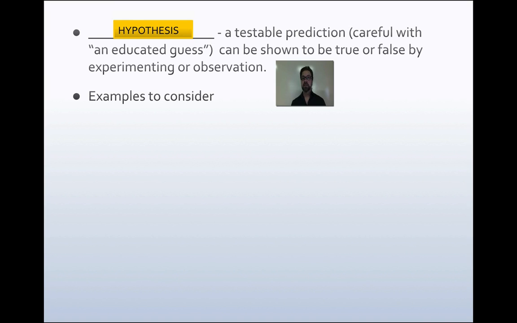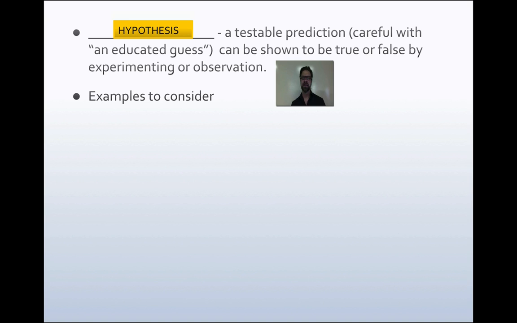Now, a lot of you learned in the past it was called an educated guess. But you have to be careful with an educated guess, because someone might be educated in all the wrong things and make a guess that sounds silly sometimes. For example, if my question was what's at the end of a rainbow, and I hypothesized that there was a pot of gold there, that is a silly hypothesis because I was educated in the wrong thing.